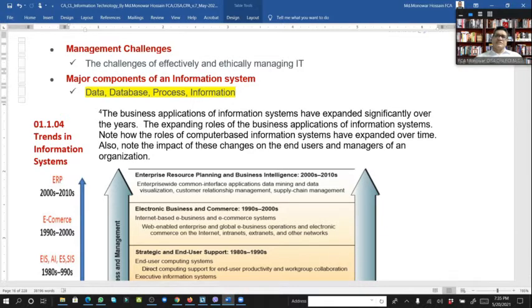Everything is changing. So business applications of information system have expanded significantly over the years, and the roles are expanding, with a lot of change happening year after year, day by day. At this moment we are taking our class through Zoom.